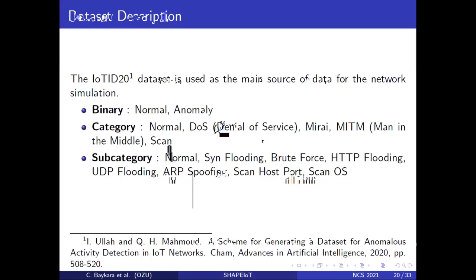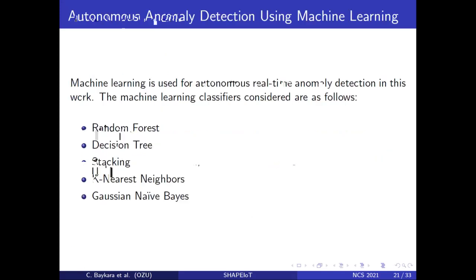The second is a little bit more specific, the category label, which includes 5 different classes, and the subcategory label, which is more specific and includes 8 different classes. For the purpose of real-time anomaly detection, we considered these classifiers, and they were considered because of the needs and the constraints of our proposed system.